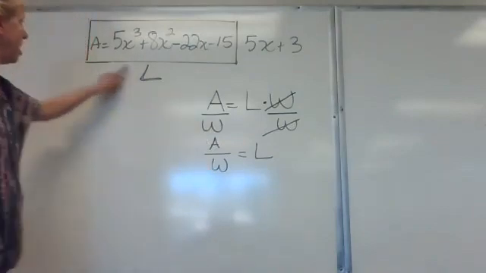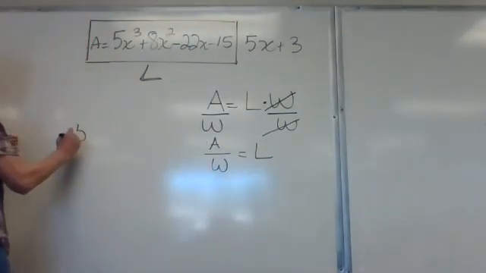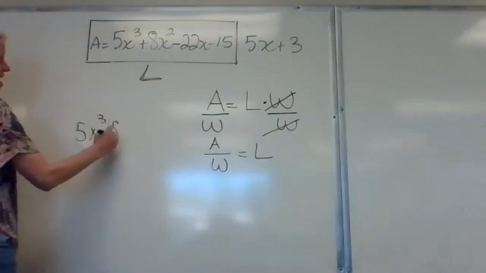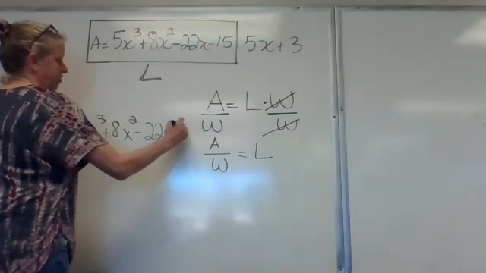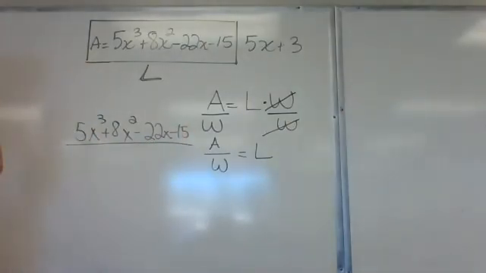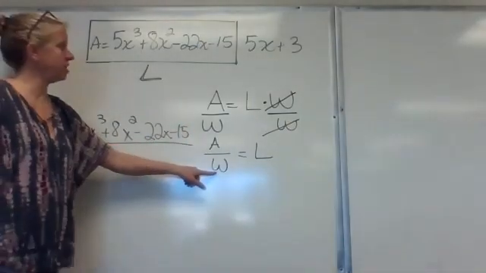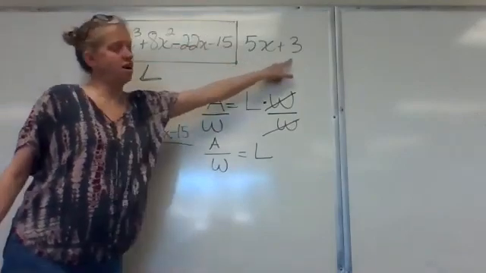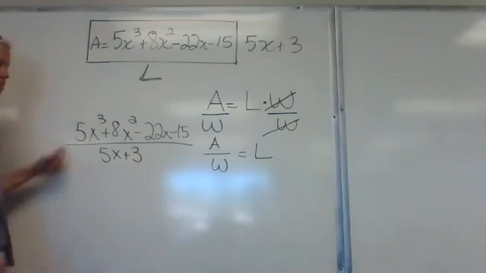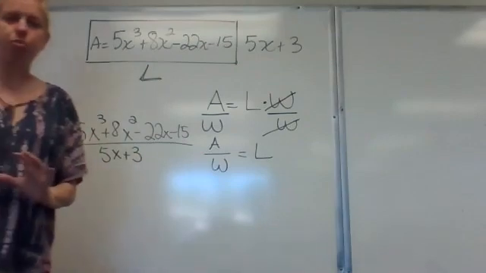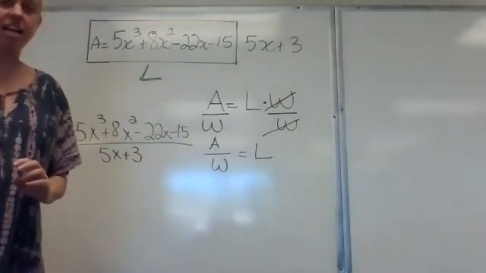What is the area? The area is 5x cubed plus 8x squared minus 22x minus 15. What's the width? What told me the width right here? 5x plus 3. So now you can see why this problem is in this section.